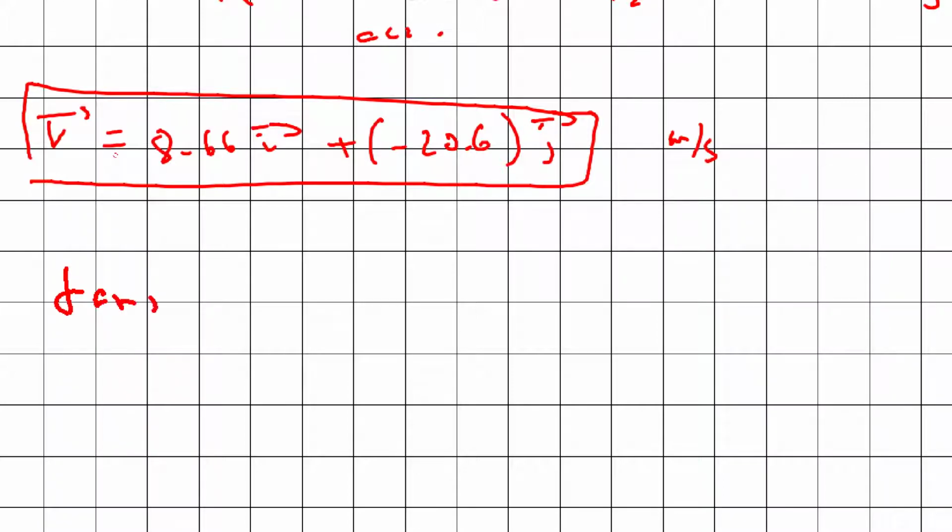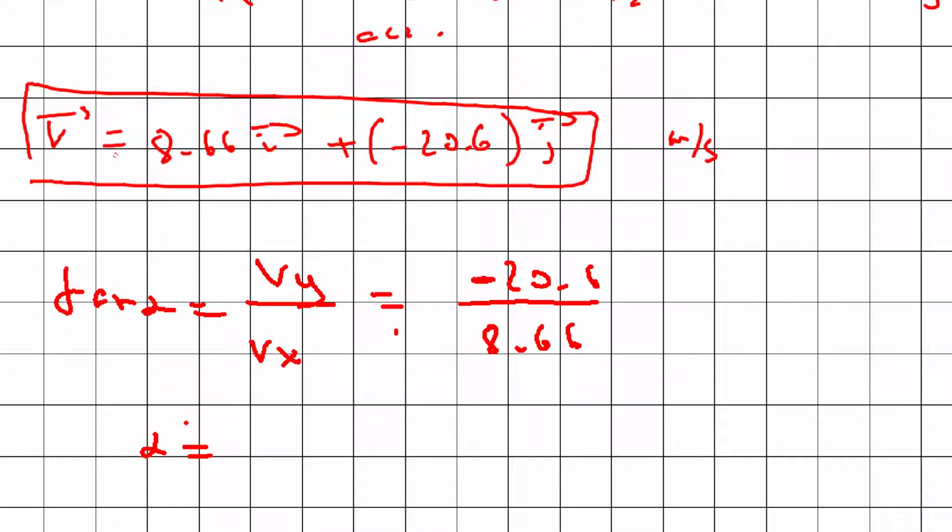Then tangent alpha will be equal to Vy divided by Vx, which is equal to minus 20.6 divided by 8.66. Then plugging this on the calculator and finding the inverse of tangent, shift tangent of the fraction minus 20.6 divided by 8.66, then in degrees it's given by minus 67.2 degrees.